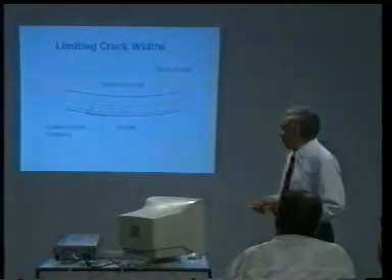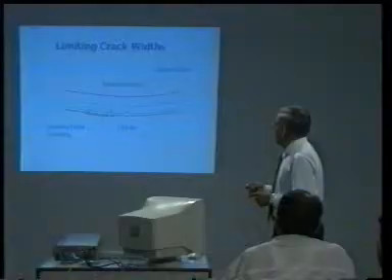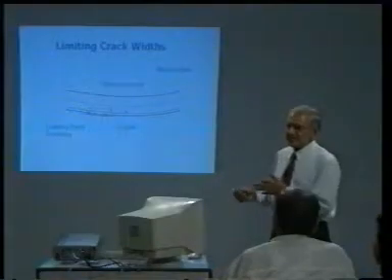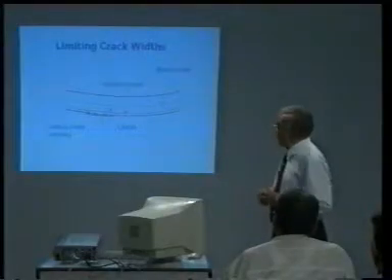Now, when we spoke about limiting the crack widths, cracks are bound to occur because of the inherent nature of RCC, but if the crack is within the cover, it's got no problem. But in case the crack extends beyond the cover and goes beyond the reinforcement, this is going to lead to corrosion of reinforcement over there, and that is where the deterioration of the RCC is going to commence.